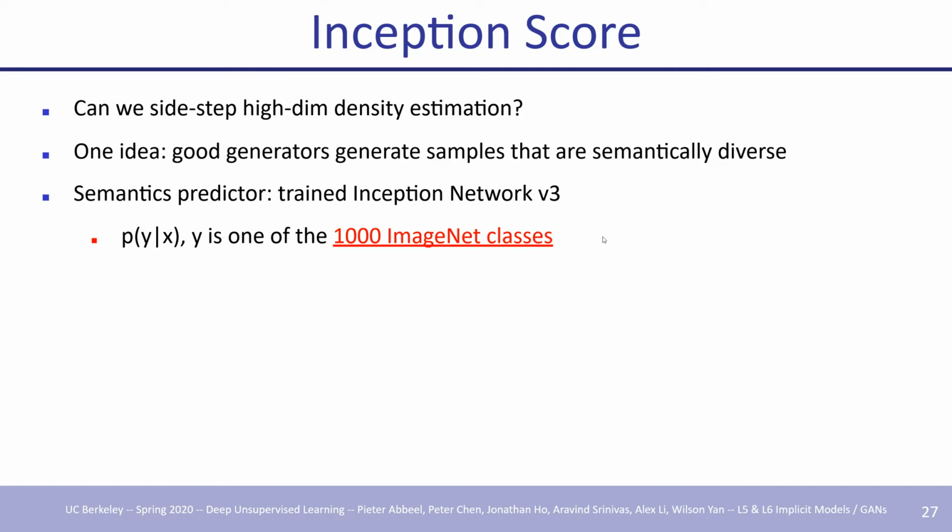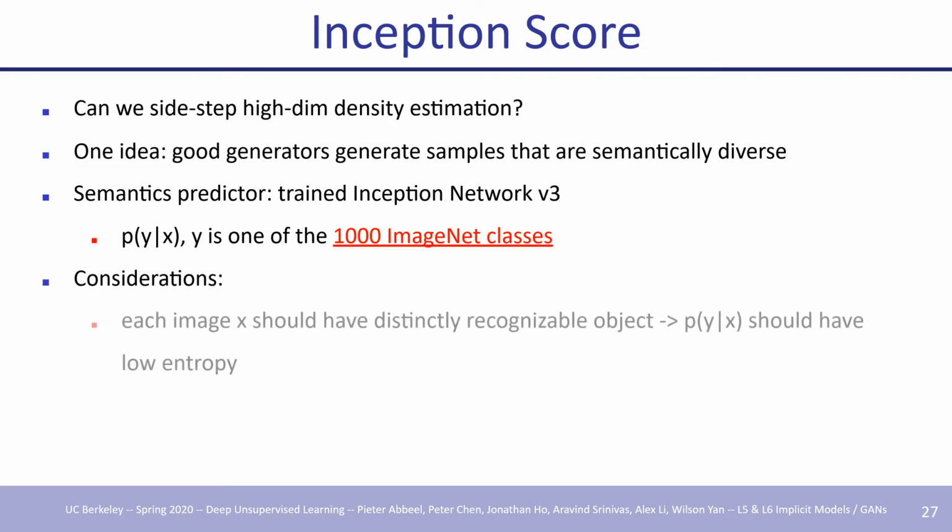That tells you the probability of what it thinks each class of the image is. So if we generate an image, then we want inception to say, well, I see this object. And so it should have low entropy. Low entropy means that of the 1,000-long vector, one entry is very high and the others are very low. So we want it to have low entropy.